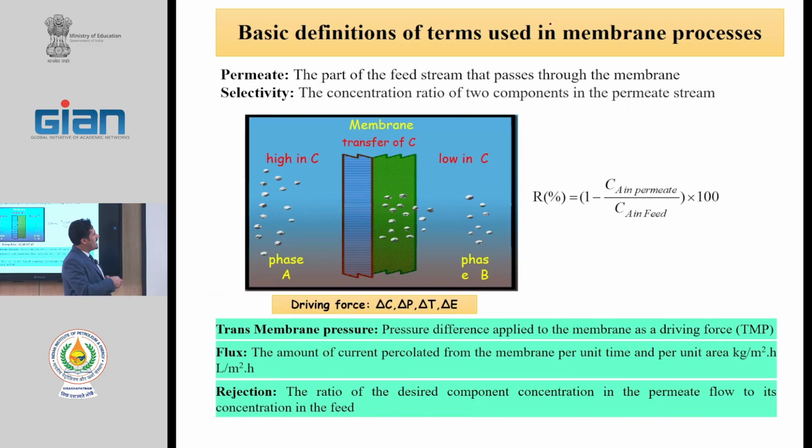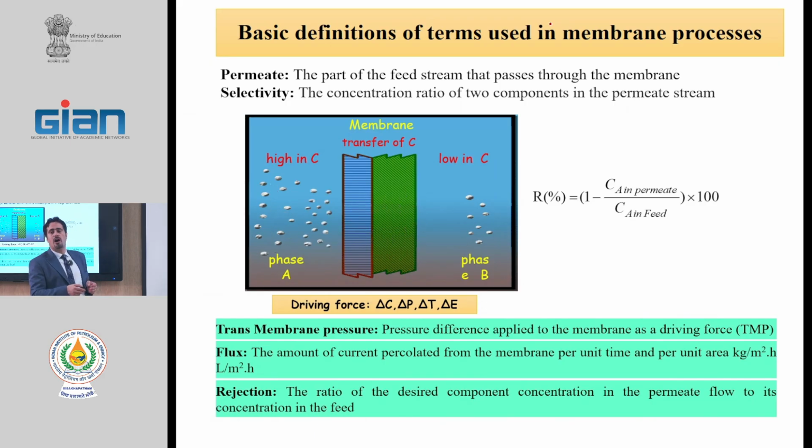But we apply 2, 3, 4, 5 atmospheres on the feed side, which is higher than the permeate side, and this delta P causes the passing of the permeate through the membrane. Or with delta C, we must have a difference in concentration for diffusion of the solutes through the membrane. Therefore, we have a transmembrane pressure, that means delta P.